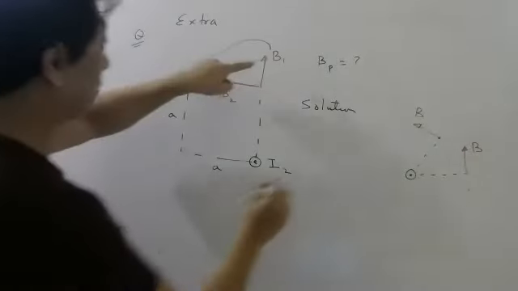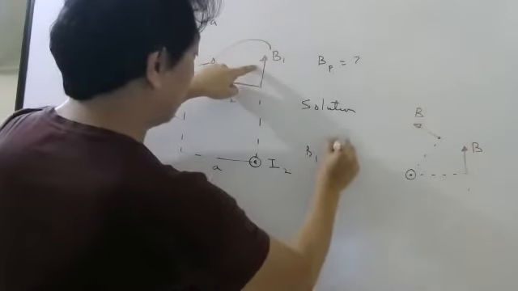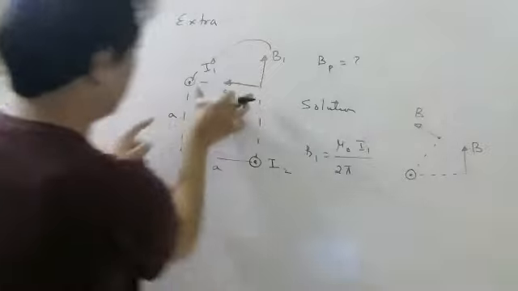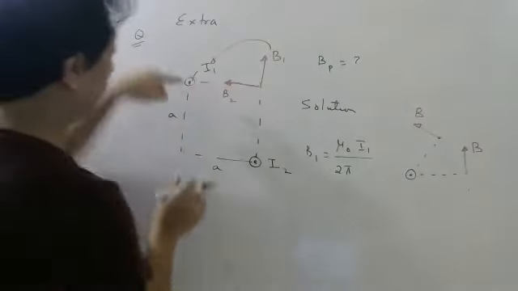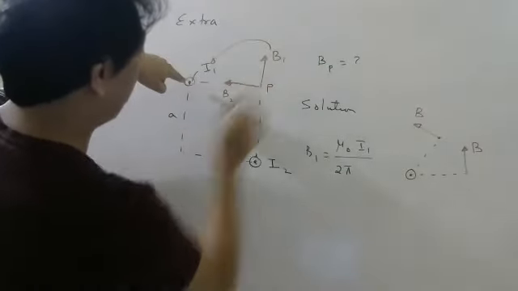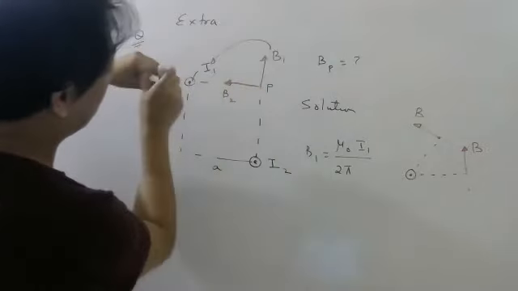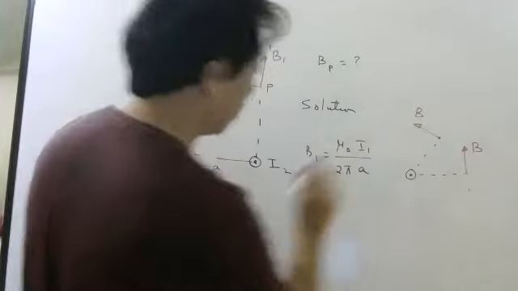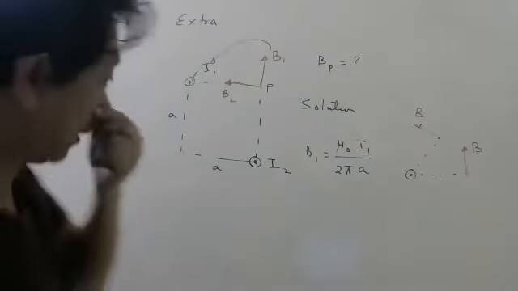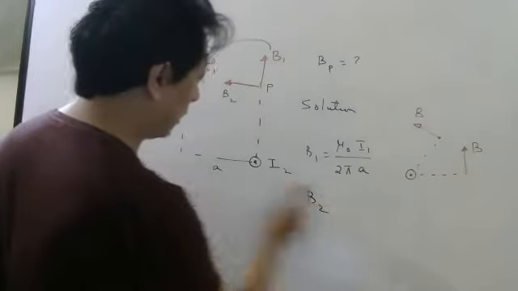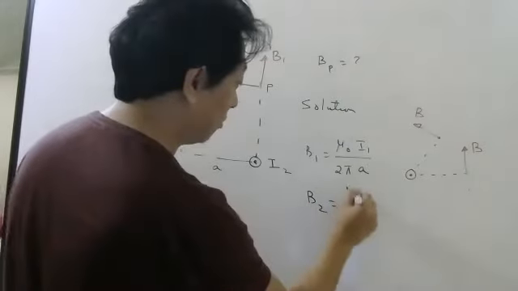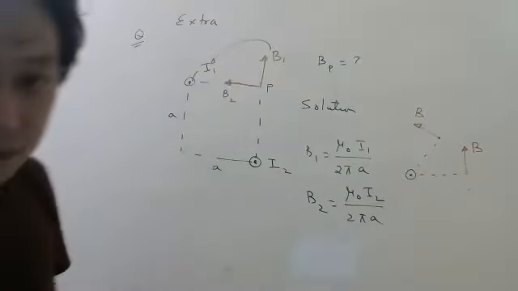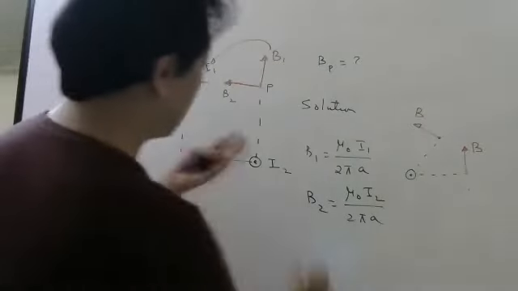So what will be B1 first? You calculate B1: mu naught I1 by 2 pi. This distance is the perpendicular distance between the wire and the point. This is the point, this is the wire, so this perpendicular distance is A. All the time they may not say R. Similarly, the magnetic field due to this wire is mu naught I2 by 2 pi A. After doing these two, you know what to do.